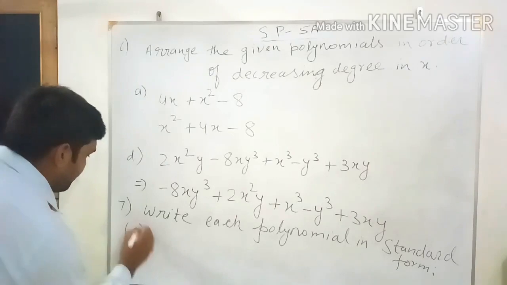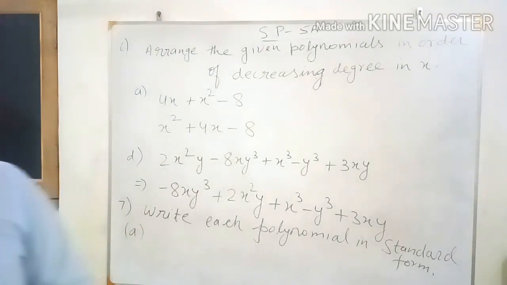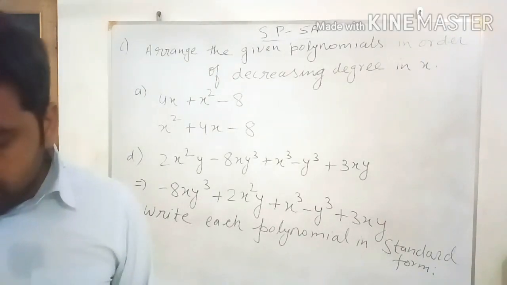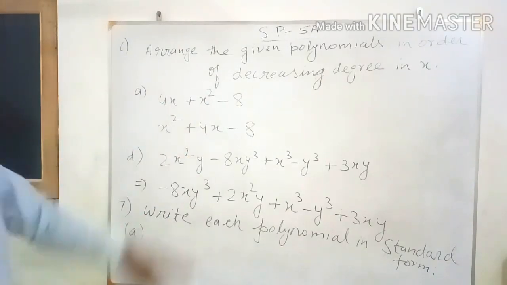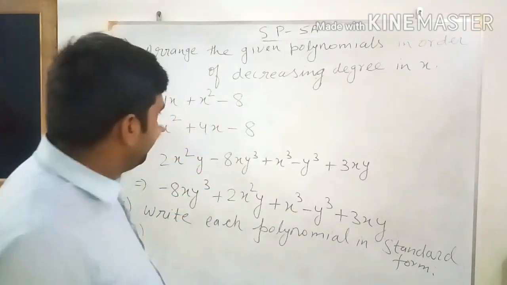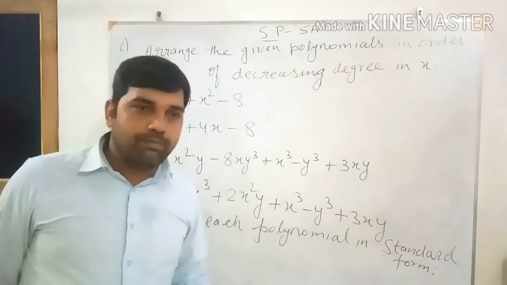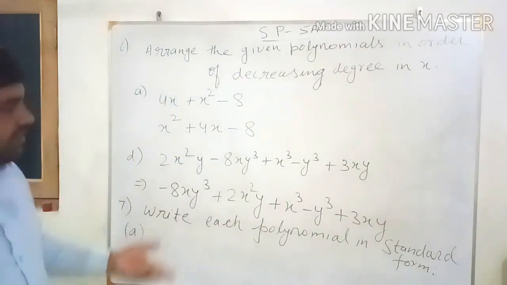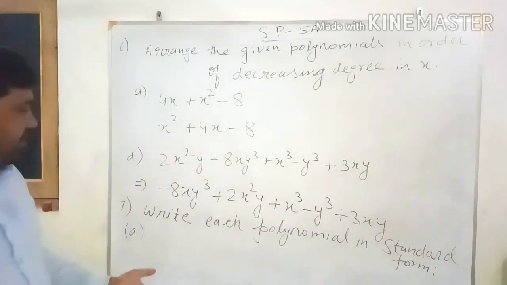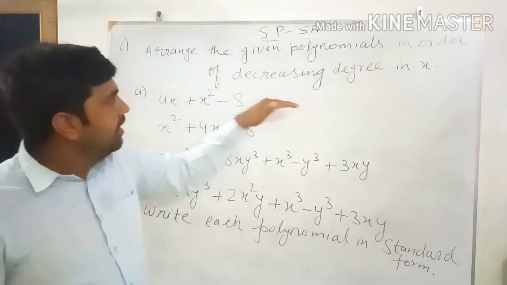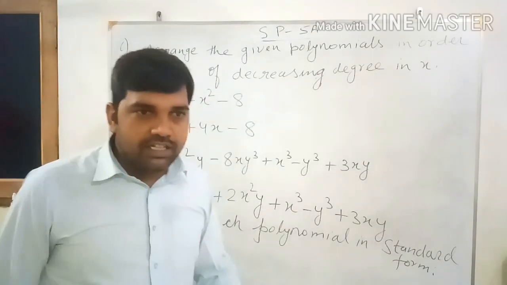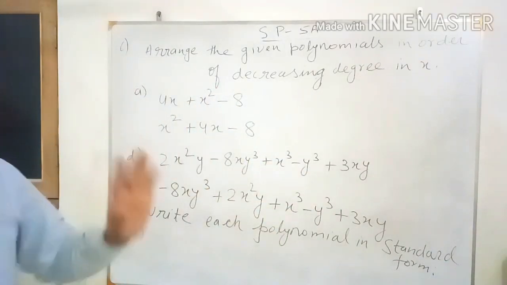So we take the first question, 7a. Writing the polynomial in decreasing degree is called the standard form. The question number 7 is a repetition of question number 6. Both have the same meaning. If you arrange the polynomial in the order of decreasing degree, that is called the standard form.